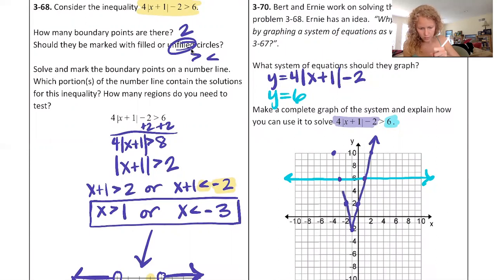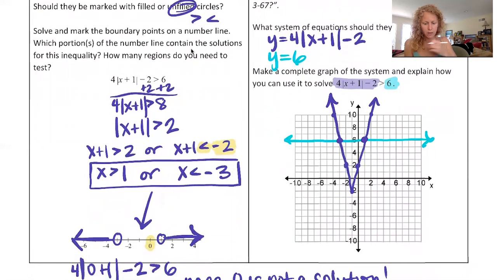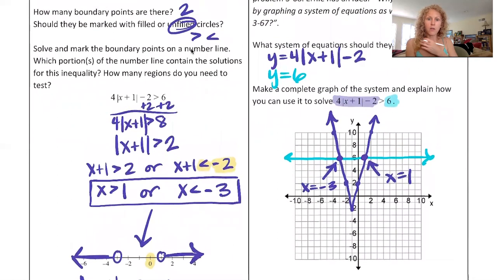I can draw that. And if we look at our graph, we can see that these are the same boundary points right here. That x is -3 and that x is 1. Same thing we have. Now, if we're thinking about using the graph to figure this out, basically it's asking, when is the absolute value above 6?